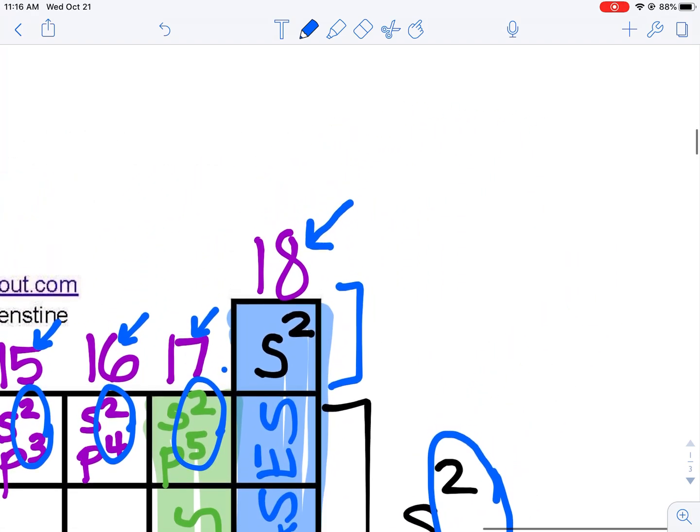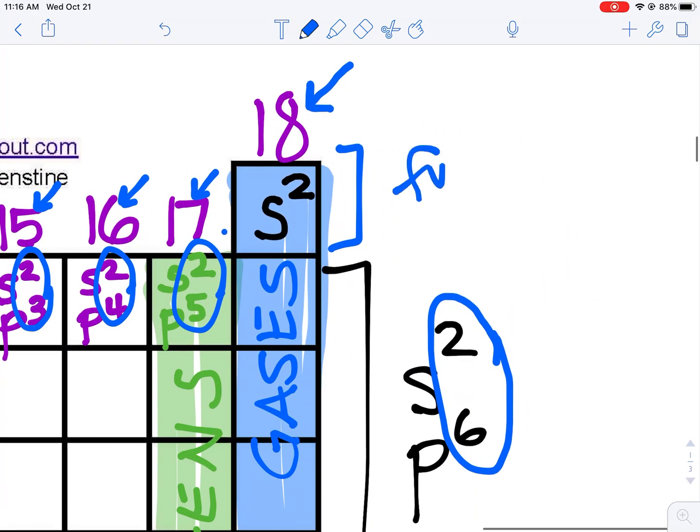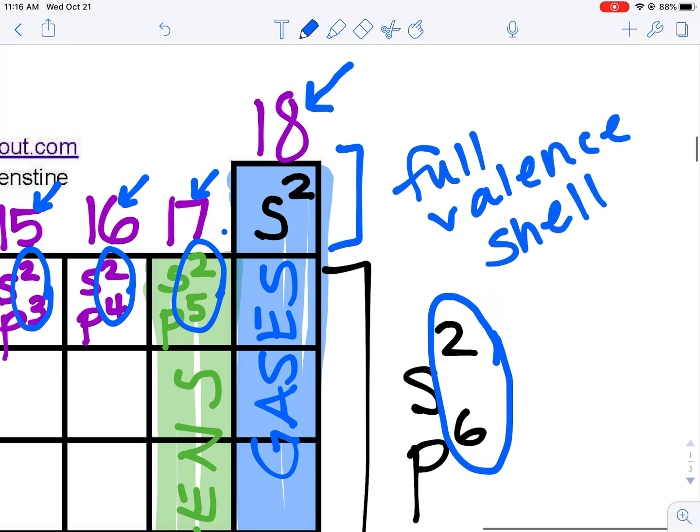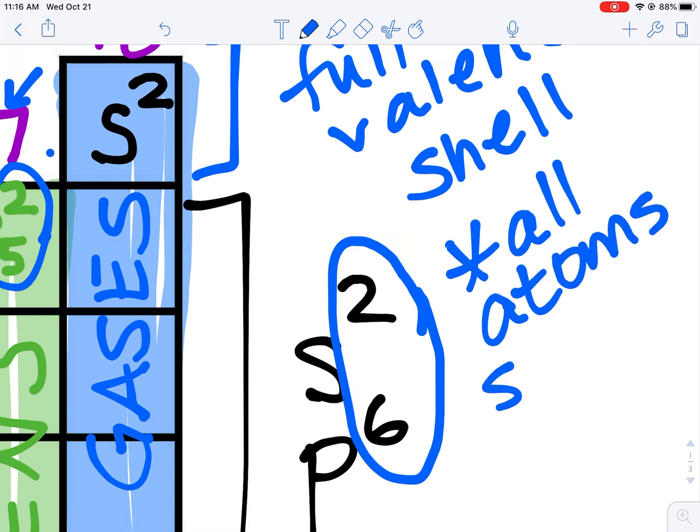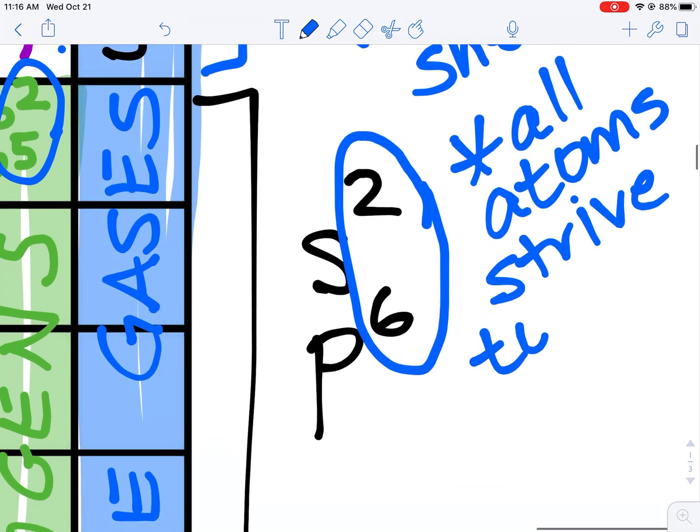And that's because the noble gases have what's referred to as a full valence shell. And as we heard in the video last lesson, this is what all atoms strive to have. All atoms strive to have this electron configuration.